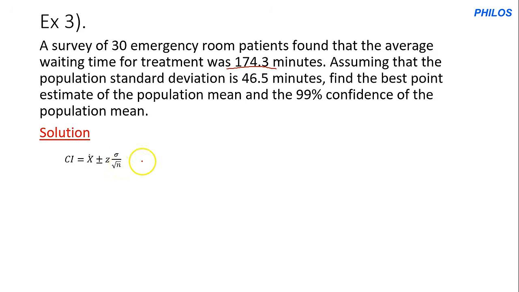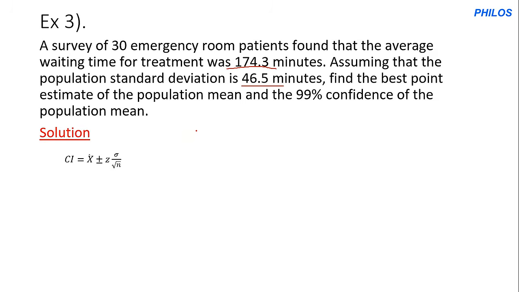So according to the question, our x bar is 174.3. That's the sample mean. Our standard deviation is 46.5 minutes. And then the question gave us 99% confidence. So the z-score for 99% is 2.575 or 2.58. So we are going to substitute it in the formula.